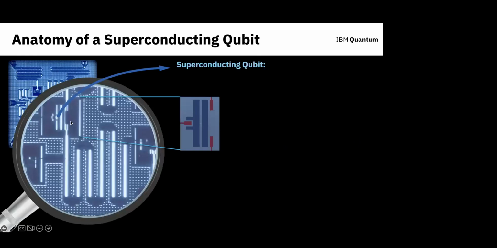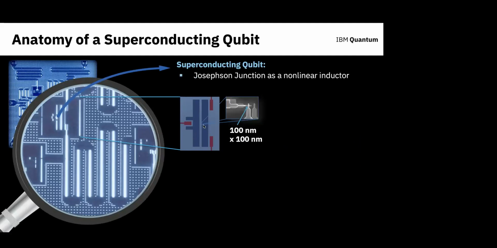The qubits themselves look like equal signs rotated by 90 degrees. Those equal signs represent the capacitance: two pieces of superconductor with a field between them, essentially a capacitor. And then a very small piece between them is an aluminum oxide, aluminum Josephson junction, a superconductor, insulator, superconductor formed in a stacked layer.